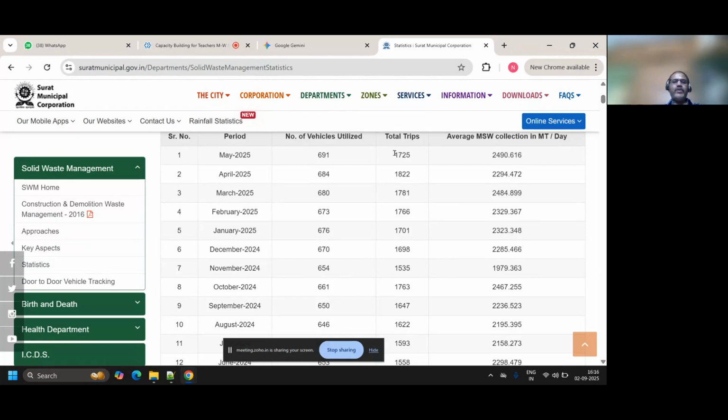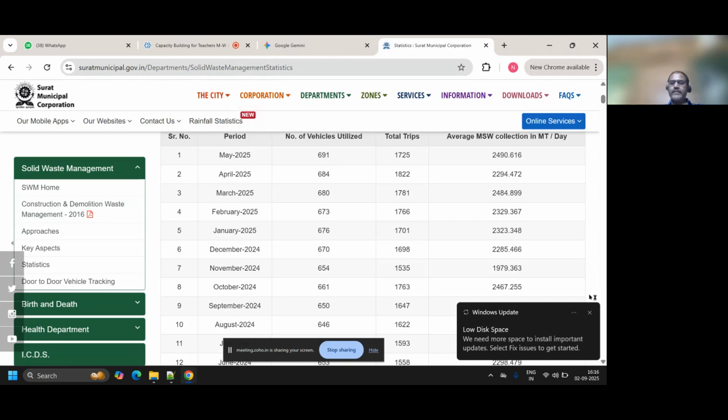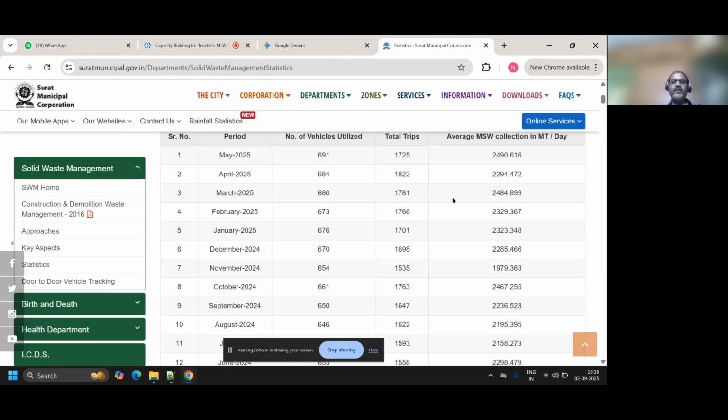May 2025, 691 vehicles. Okay. 1725 trips. On a daily basis, 2490 metric tons is collected. If you see here, from September 24, 2,200 tons, 2,500 tons.